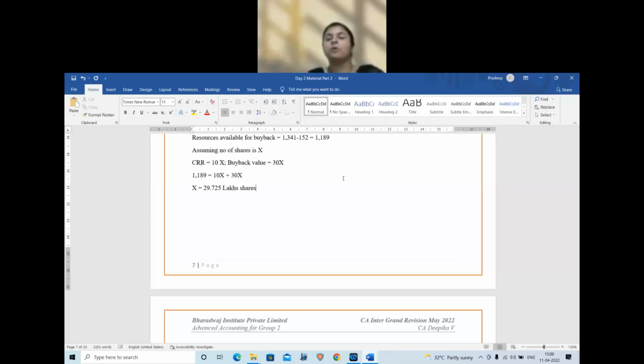So now going by this, what is the minimum number of shares that can be bought back?